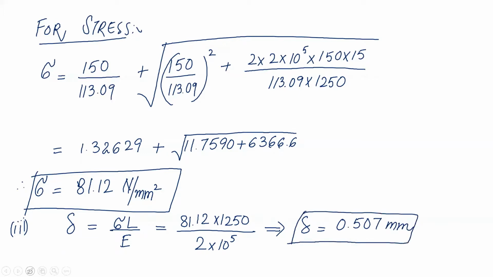Now I am going to select another pointer color. If it is asked that you have to find out the strain energy, what you have to do, as we have done earlier, is write down the strain energy.